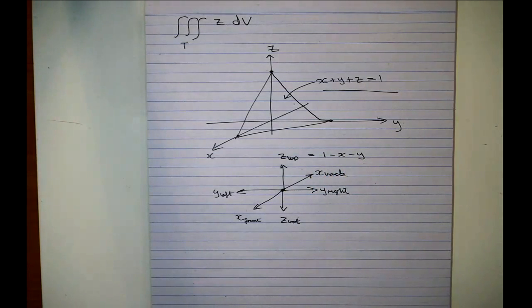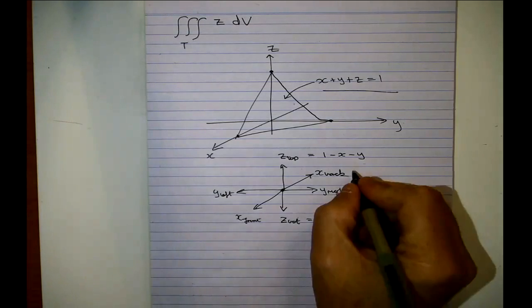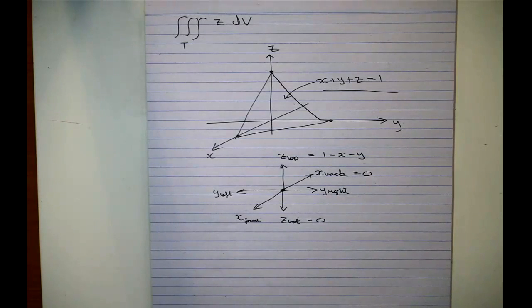I look down, what do I see? I see the plane Z equals 0. I look back, what do I see? I see the plane X equals 0. I look front, remember I'm sitting inside this thing, I see the plane, don't I?